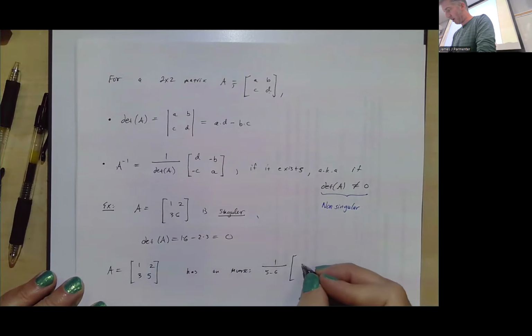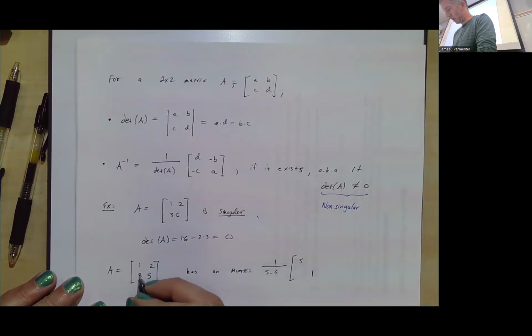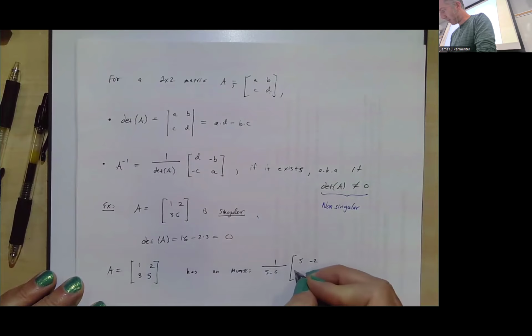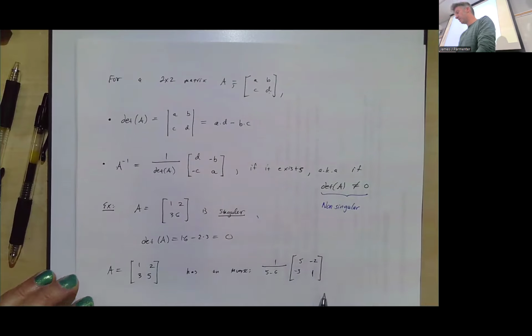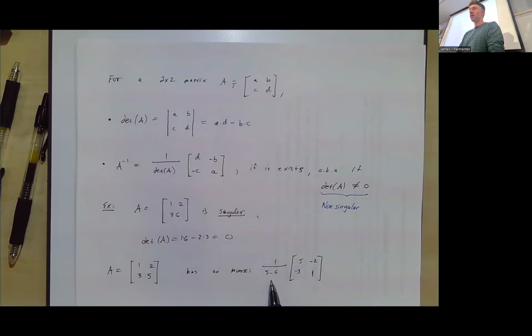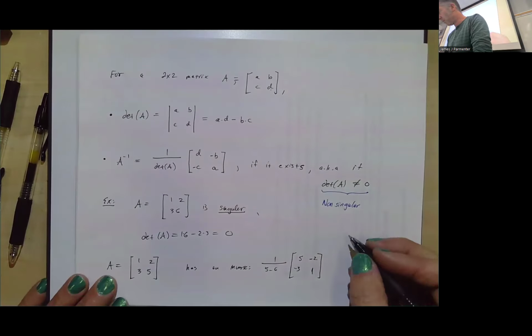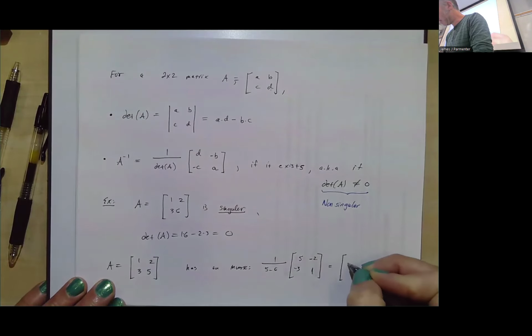So switch the 1 and the 5, change the signs of the 2 and the 3. And in this case, since this thing out here simplifies a lot, like 1 over -1 is just -1, I would distribute the -1 there. If it's a fraction, I tend not to distribute it. But if it's just an integer, I kind of like to. So we could write this as -5, +2, +3, -1.